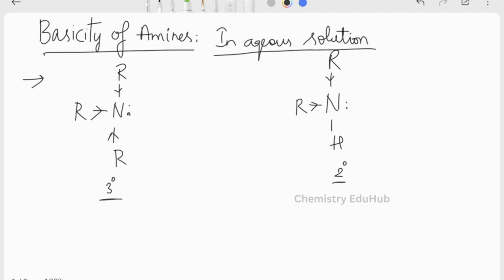The hydrogen bonding. There is an interference of hydrogen bonding. So when you look at the conjugate acid, since this is a base, when you add a proton to this base, what do we get? When a proton is added onto this, we get a conjugate acid.